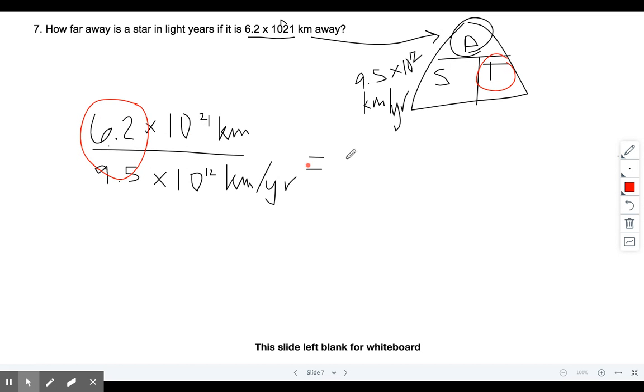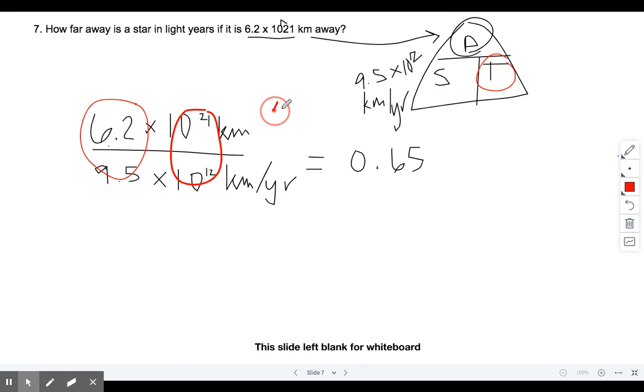That gives us 0.65. And then for the scientific notation, when we're dividing, we want to subtract. So we want to subtract the 10 to the 21 minus the 12.